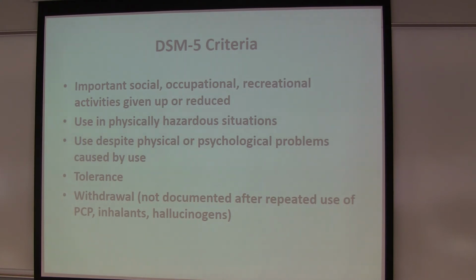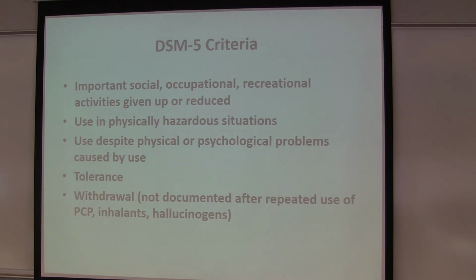Some other criteria are important social, occupational, and recreational activities that are given up or reduced. The person's world begins to become smaller and smaller, on all levels, socially, at work, recreation, things that they used to be involved in. Now their life begins to really revolve around the use of substances. Use in physically hazardous situations.